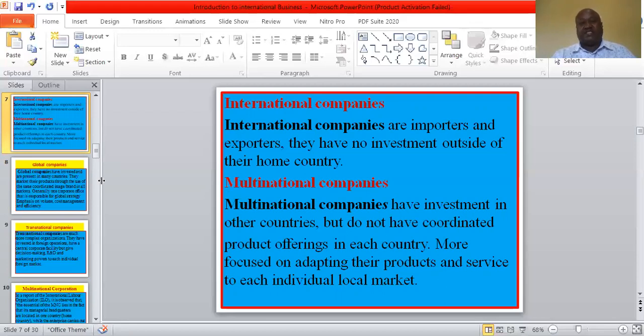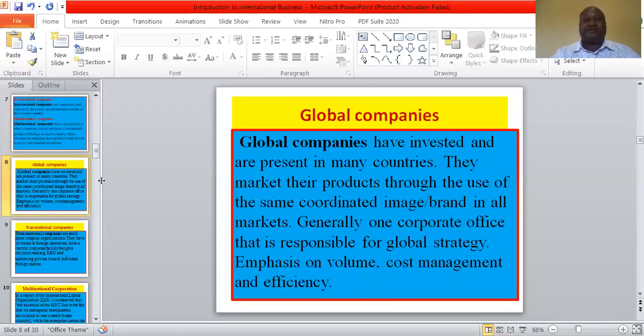Country A invests in another country, but does not have a coordinated product offering in each country. They are more focused on adapting their products and services to each individual local market. Okay, a Coca-Cola operating in a given country will develop a brand to suit the market of that country.